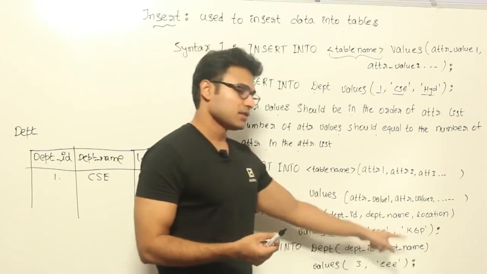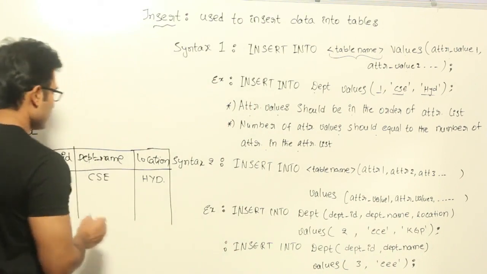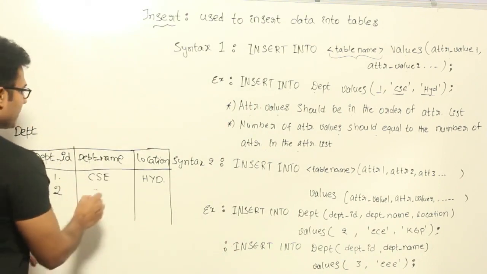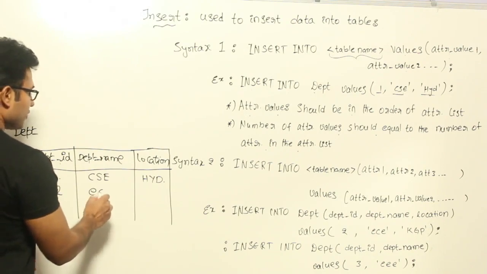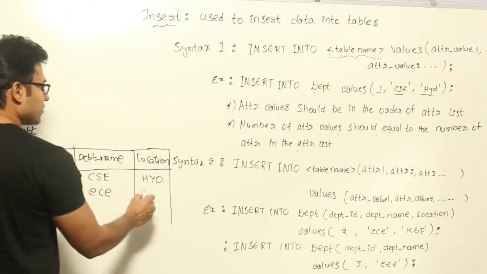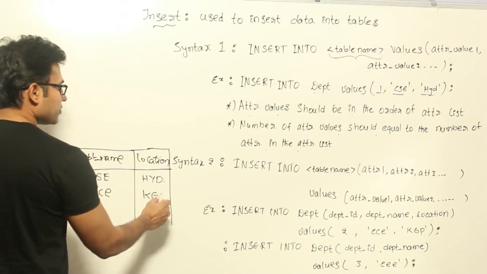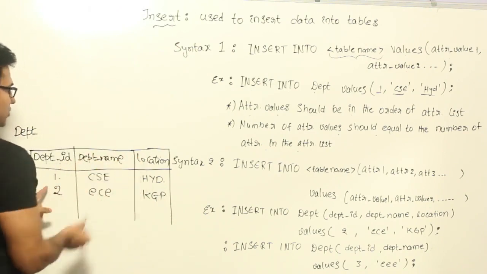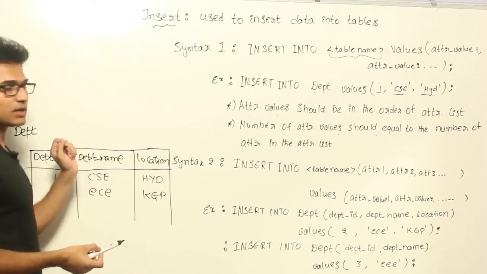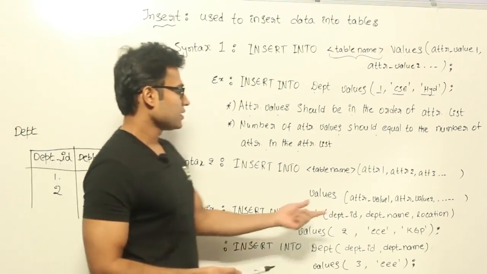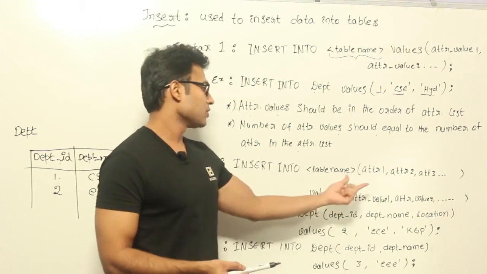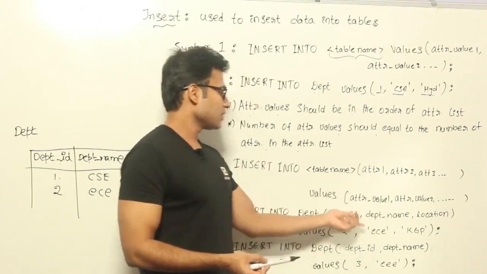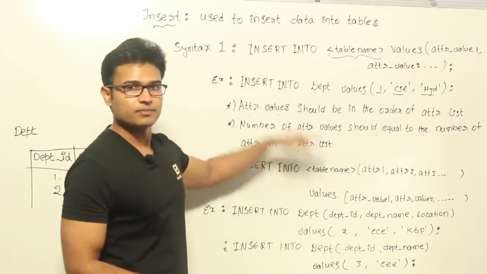If you write this, then the first is department ID, which means 2 will be entered, the second is department name, which means EC is entered, and the third is location, KGP. Since you have given the attributes in the same order in which they are specified in the table, you need not actually write it this way. You could have written it without specifying the attribute names. Both are going to be the same.